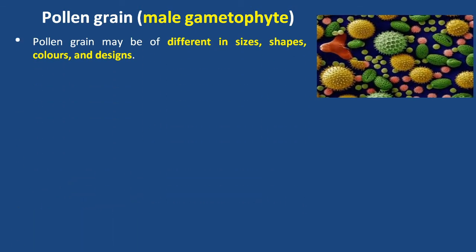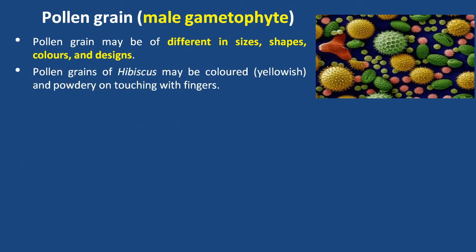Pollen grains occur in different sizes. You are shown here pictures with pollen grains differing in size. Shapes of the pollen grains are also different, as are the colors of the pollen grains, and the designs also are different. So pollen grains occur in different size, shape, color and design.